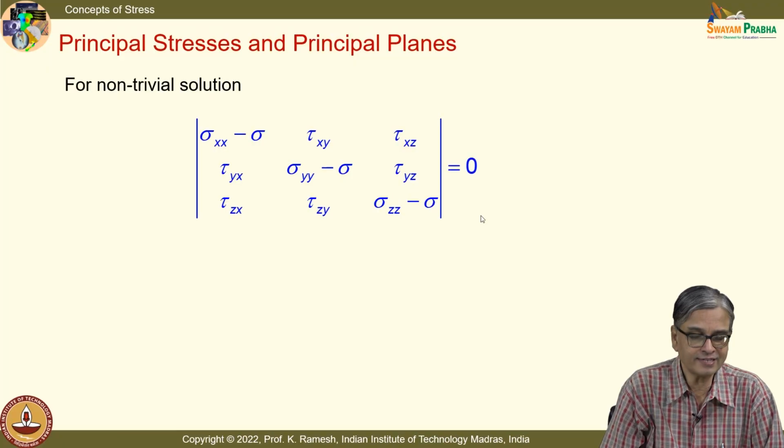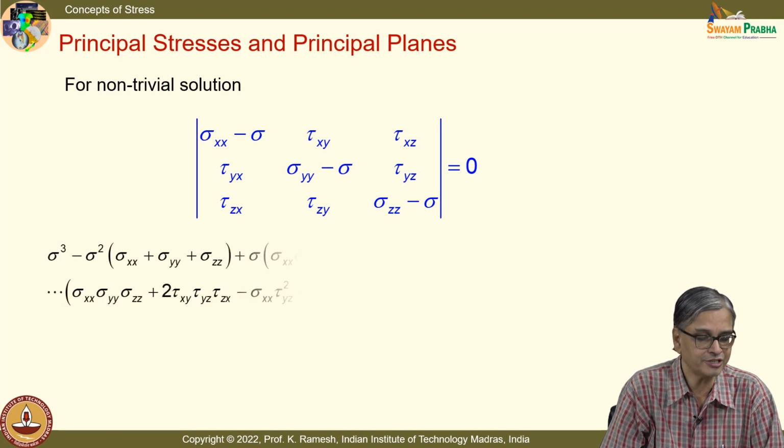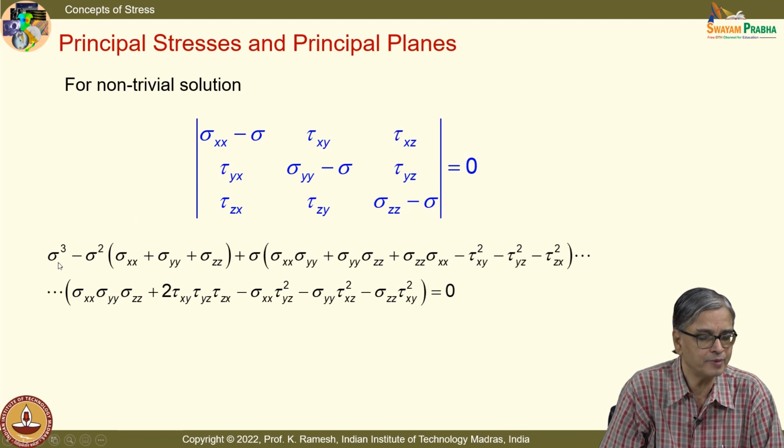So, when I look at this expression, please verify with your computations. I have sigma cube minus sigma square times sigma x plus sigma y plus sigma z, and I2 is obtained like this.